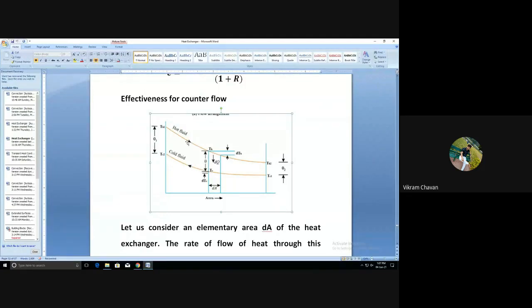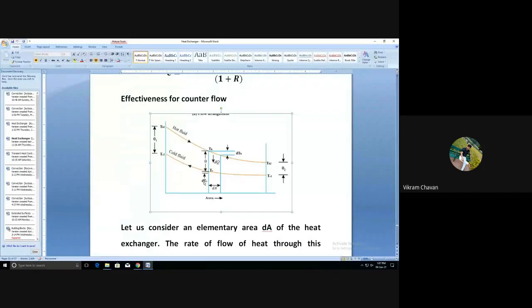As the hot fluid flows over this elementary area, its temperature goes on decreasing, and the total temperature drop is dTh. Whereas the cold fluid temperature increases in the opposite direction, and we consider this increase as dTc.